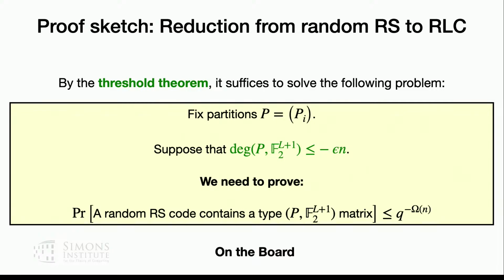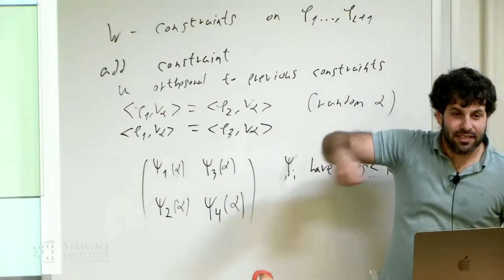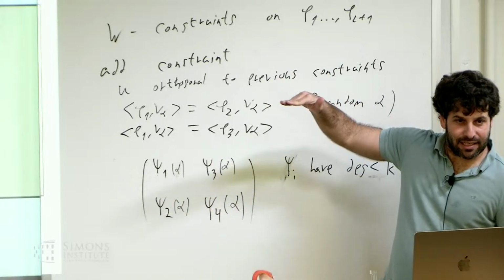Basically, the determinant is not going to be symbolically 0 for exactly the same reason as in the single new constraint case that I showed.